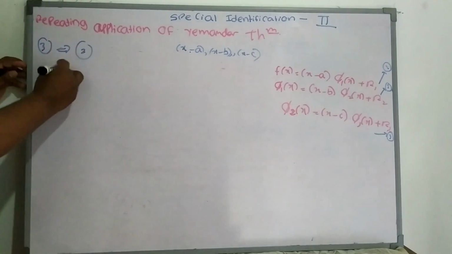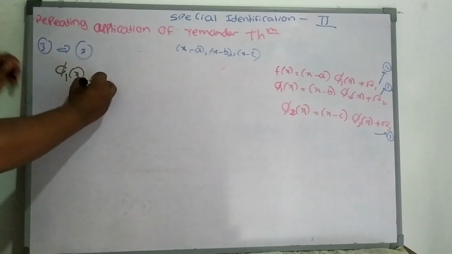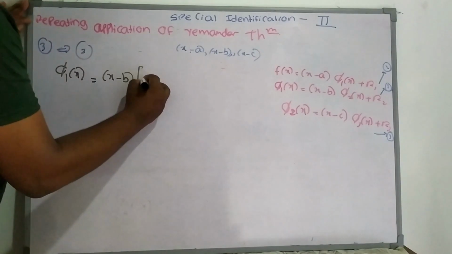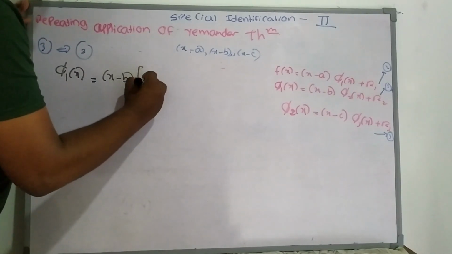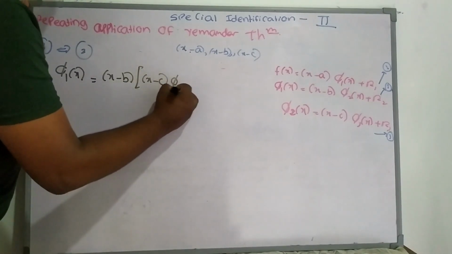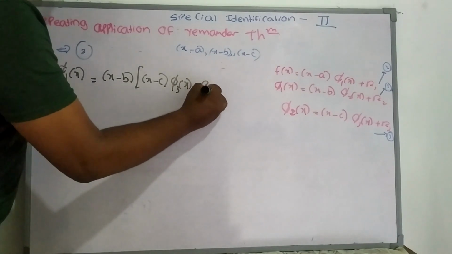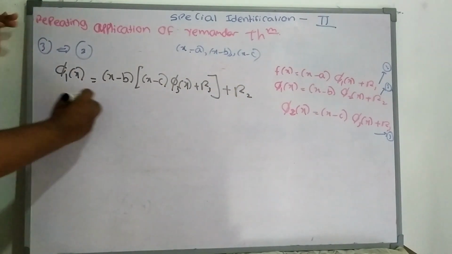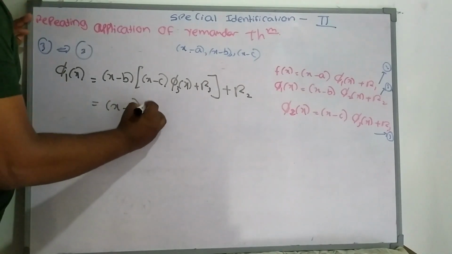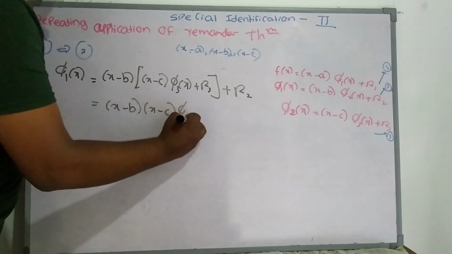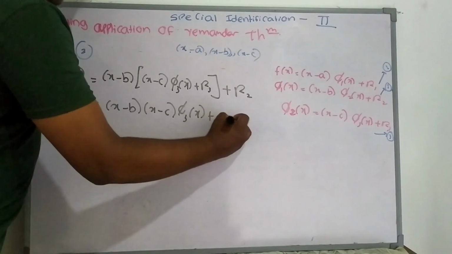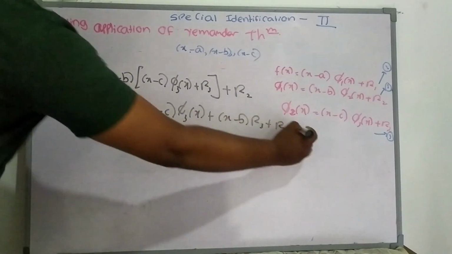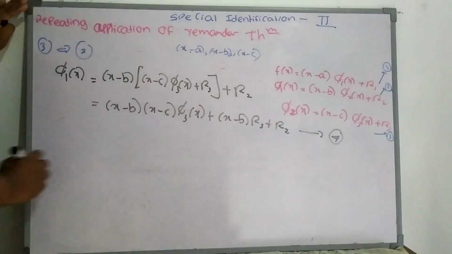Then it will be psi 1(x) equals (x minus b) times ((x minus c) psi 3(x) plus r3) plus r2, and simplify it: (x minus b)(x minus c) psi 3(x) plus (x minus b) r3 plus r2, my fourth equation.